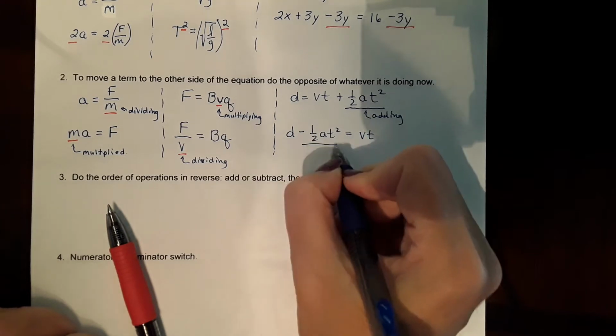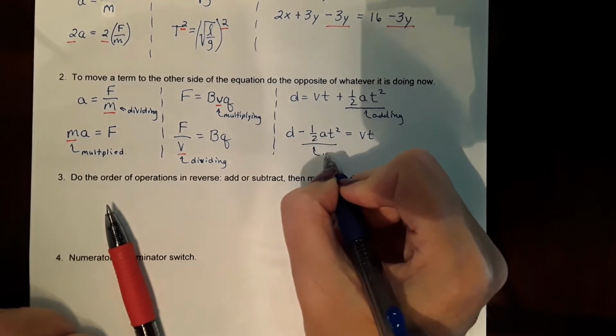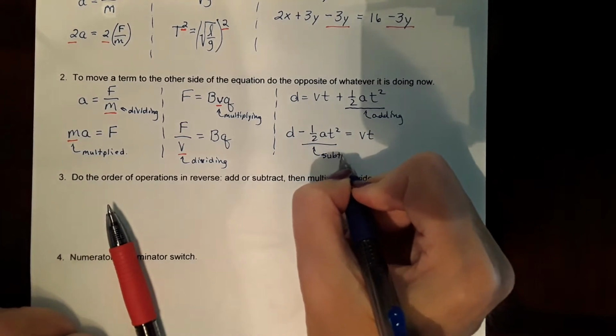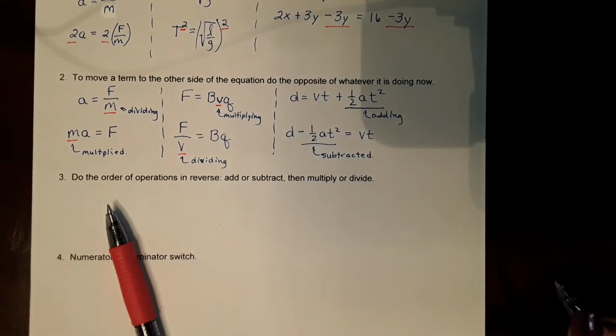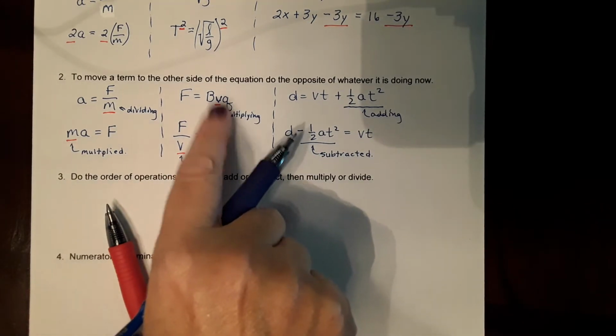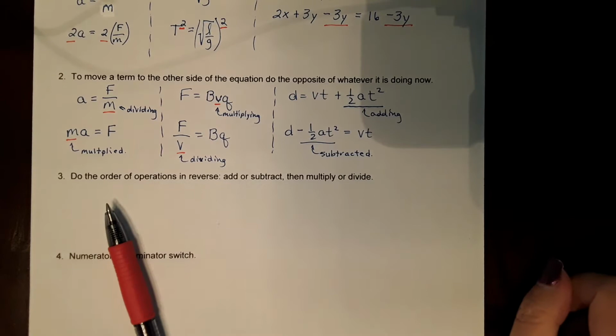And now it's over there. And we subtracted to do that, the opposite of add. Okay? So to actually move a variable from one side to the other, whatever it's doing on the original side, you do the opposite on the other side. And that gets it over there.